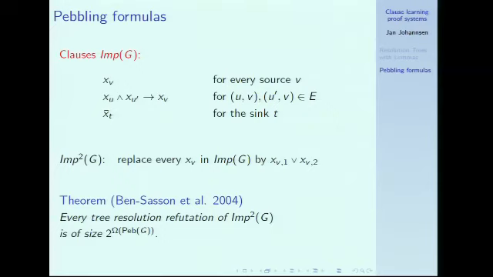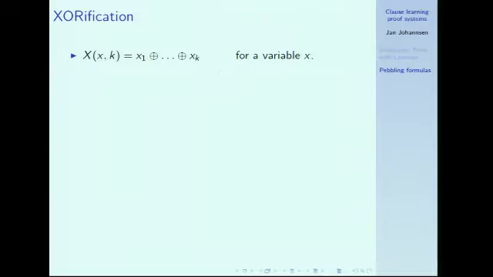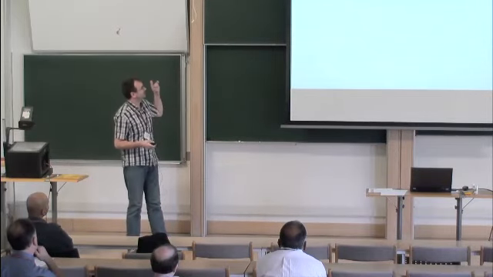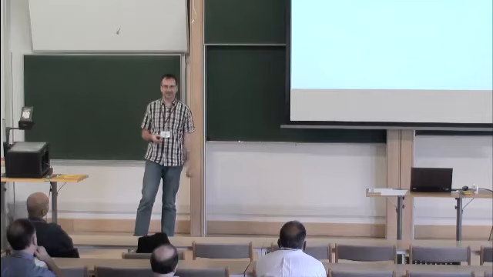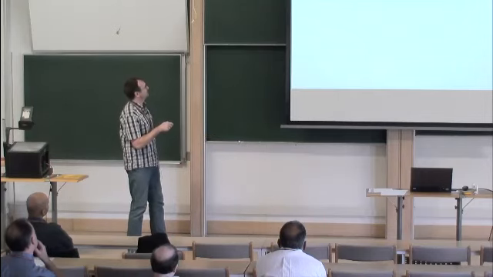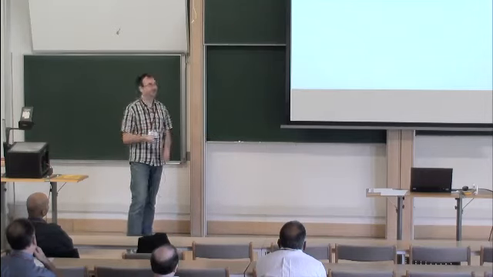So a different way to make a formula harder is XORification. So what is XORification? In XORification, you don't replace a variable by the OR of two variables, but here you replace every variable by the XOR of k variables. So the XORification of a variable is just the XOR of k copies of the variable.